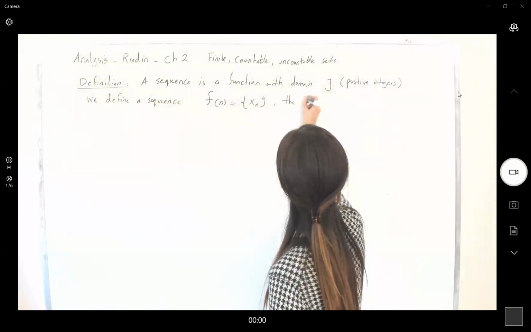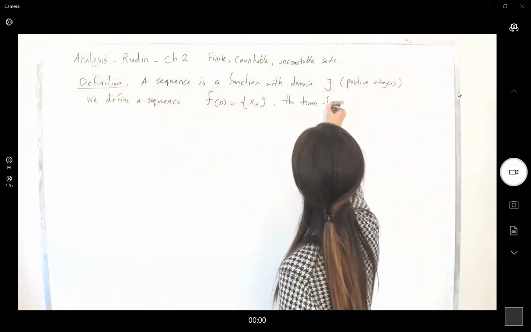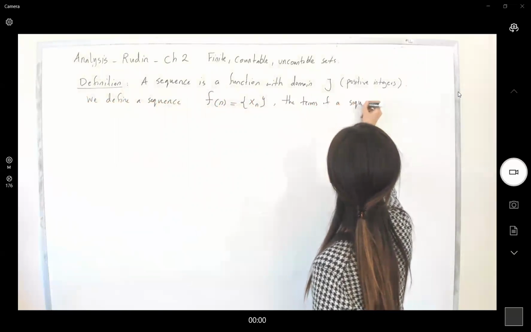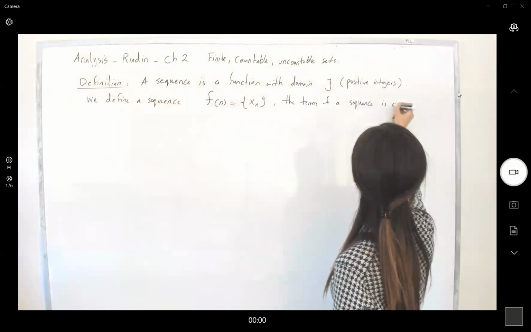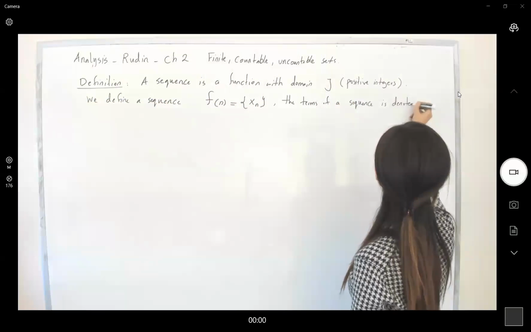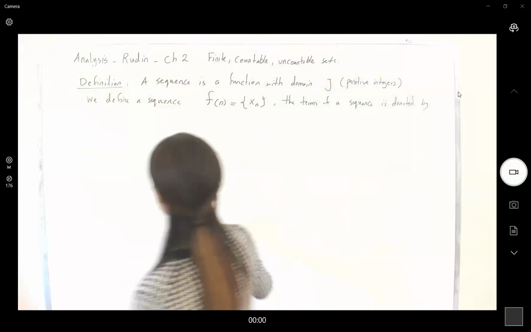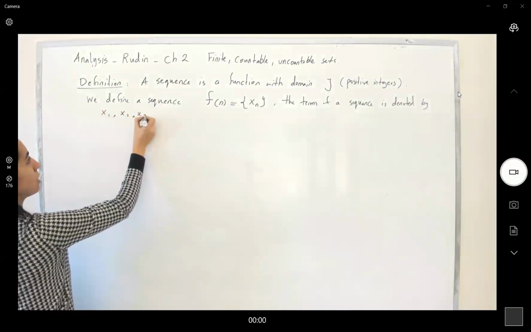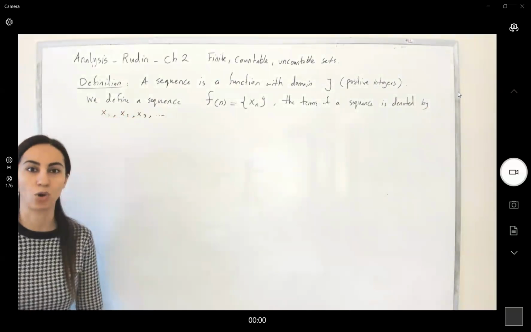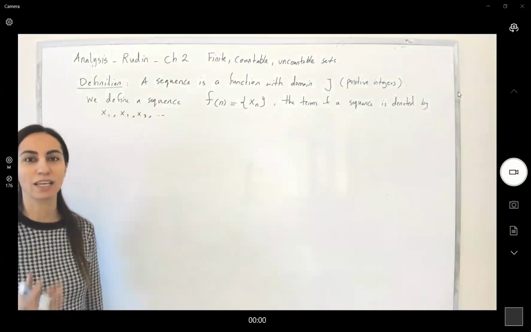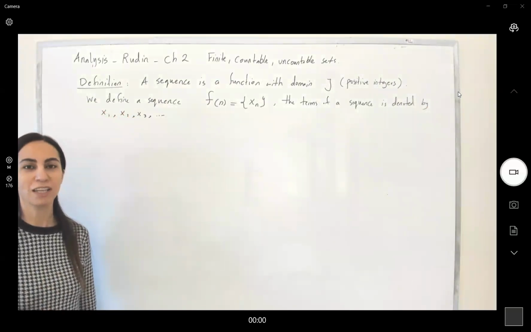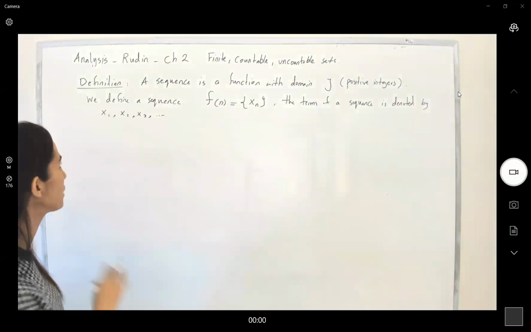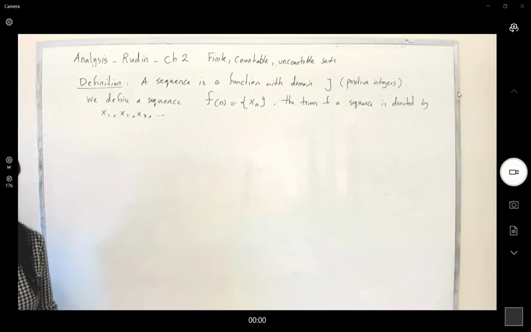The terms of a sequence are denoted by x sub 1, x sub 2, x sub 3, and so on. Sometimes we can use x sub 0, x sub 1, x sub 2, x sub 3, and the rest of the terms of a sequence.